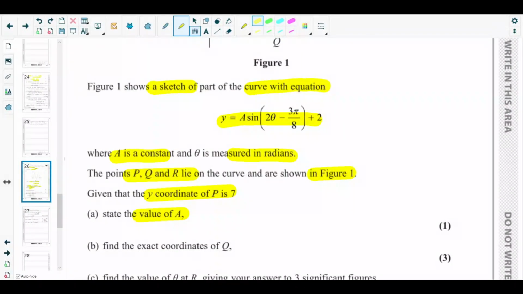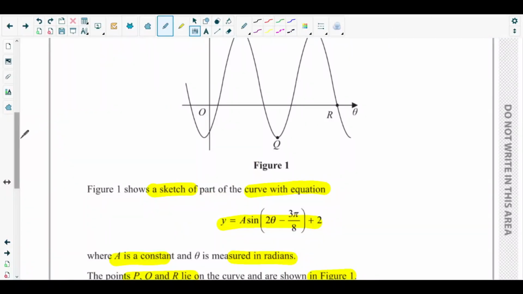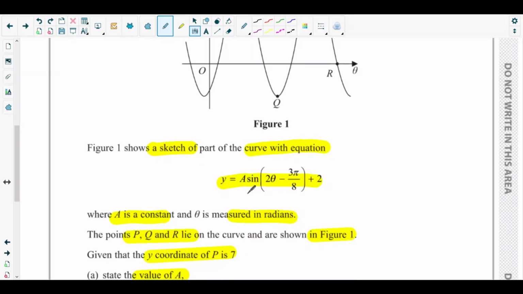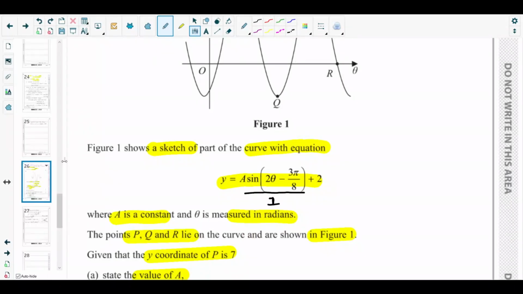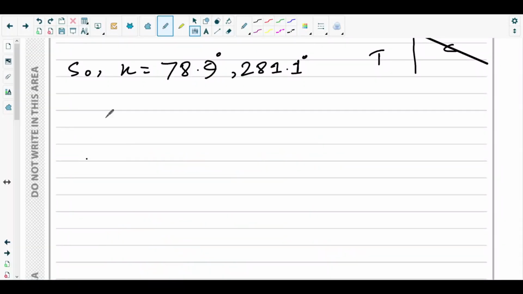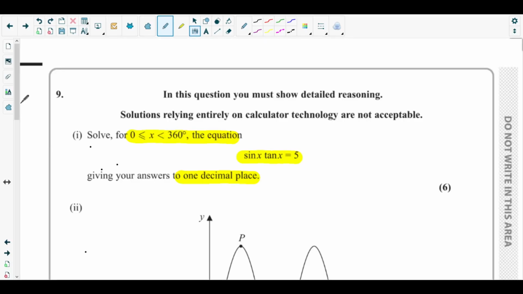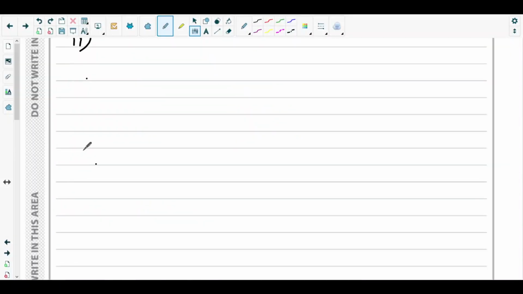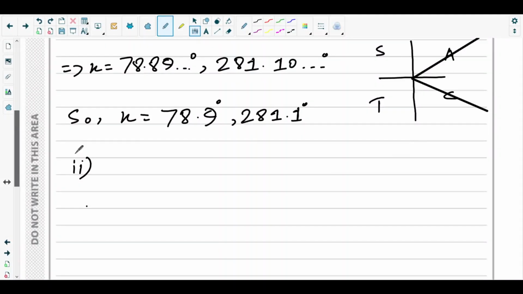So at P the value of sine theta is the maximum, and the maximum value of sine theta is 1. Fine. So we know the y value for point P. This is part 2a. For part 2a, at P the value of sine theta will be 1.